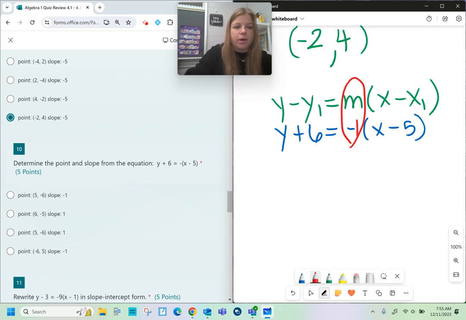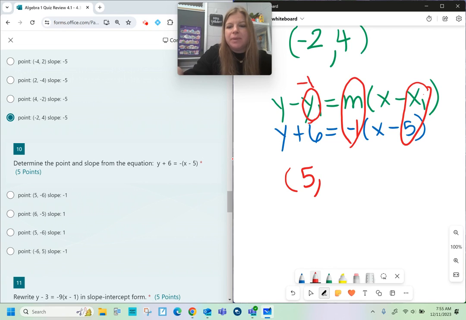There's really a negative 1 there, so I'm not going to look at my positive slopes. My ordered pair: if I see x minus 5, that means my x coordinate is 5. But for y, plus 6 means that my y sub 1 must have been a negative 6, because y minus negative 6 would give me a positive 6.